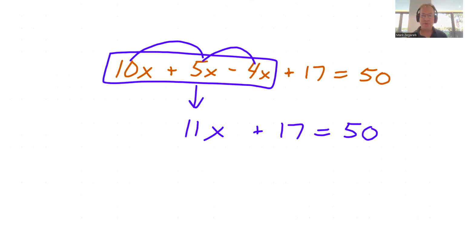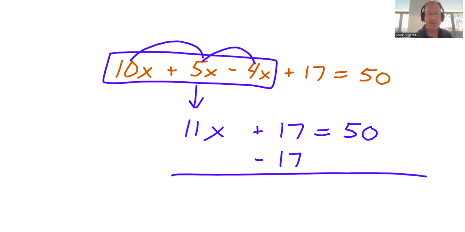And now we want to simplify this further. So what are we going to do? We're going to do something that cancels out on this side. So we've chosen a minus 17 because it's going to work really well for this. And then we're forced to do that on the other side to keep the equation in balance.